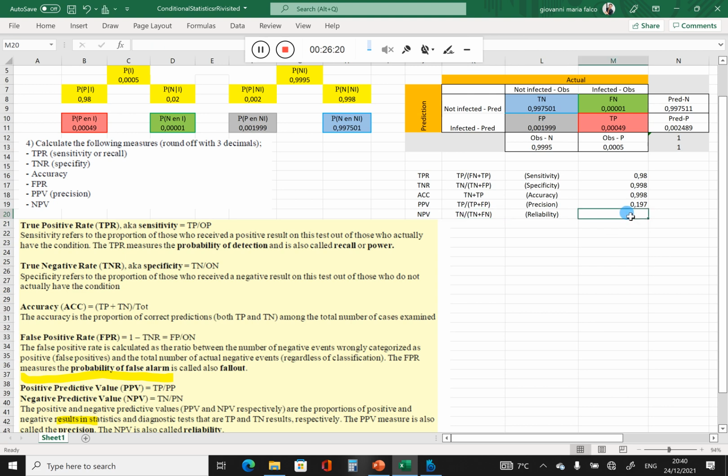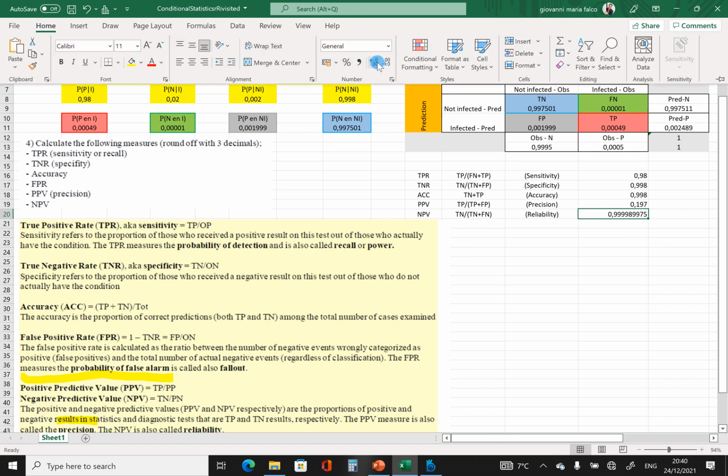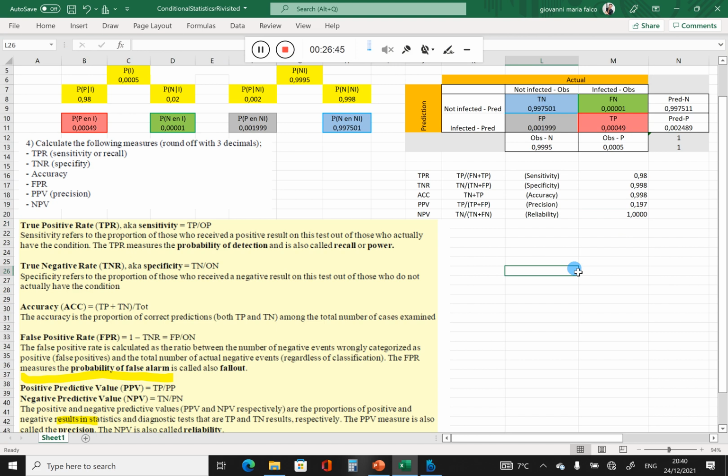If I look here at the numbers, I get a value which is extremely high. If I round this off, I get basically 1.